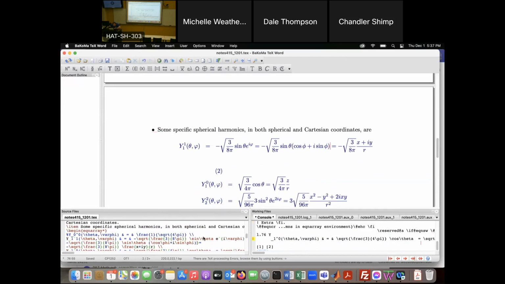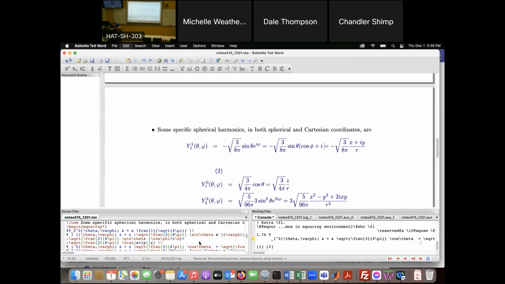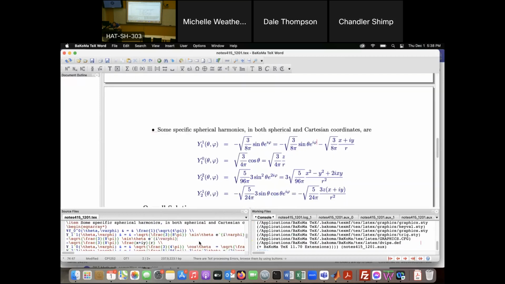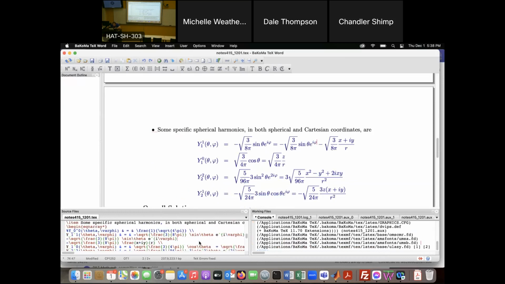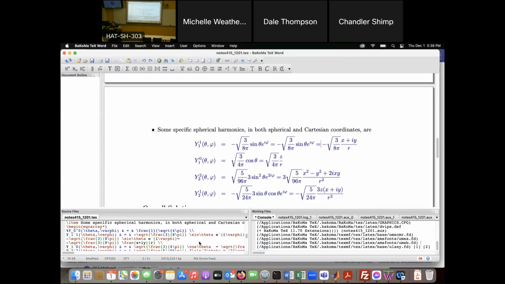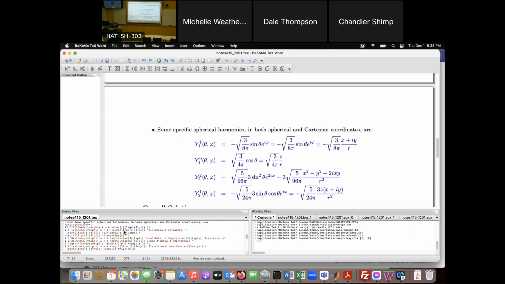Oh, something went wrong here. Not sure where that 2 in parentheses came from. Well, I need to undo here to see why that happened. Okay, at this point everything's fine, but something happened between here and here. Okay, let's try this again.